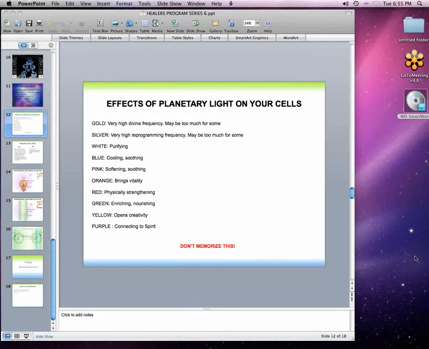Allow your cells to react, to absorb this light deeply and to just transmute. Breathe in, exhale.